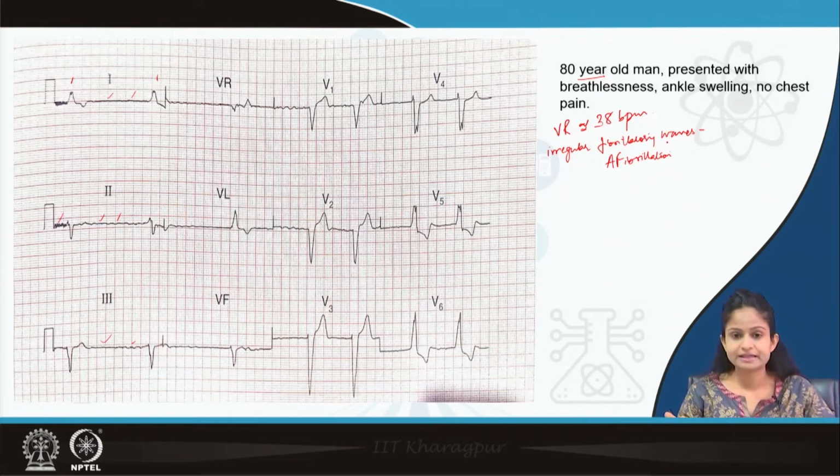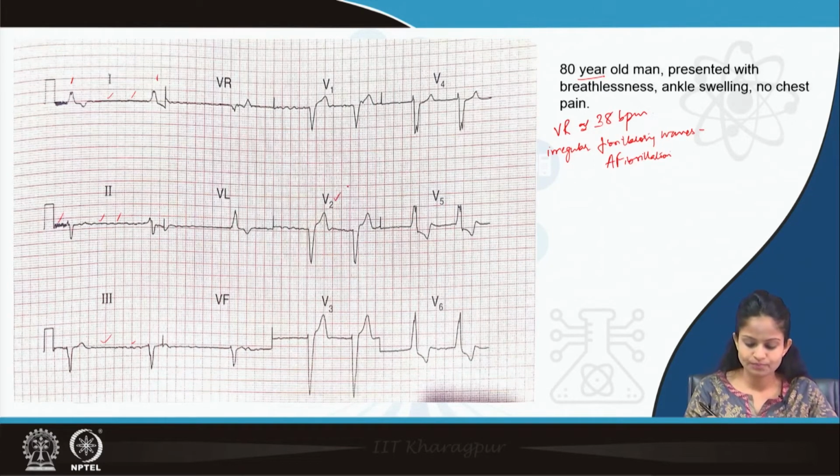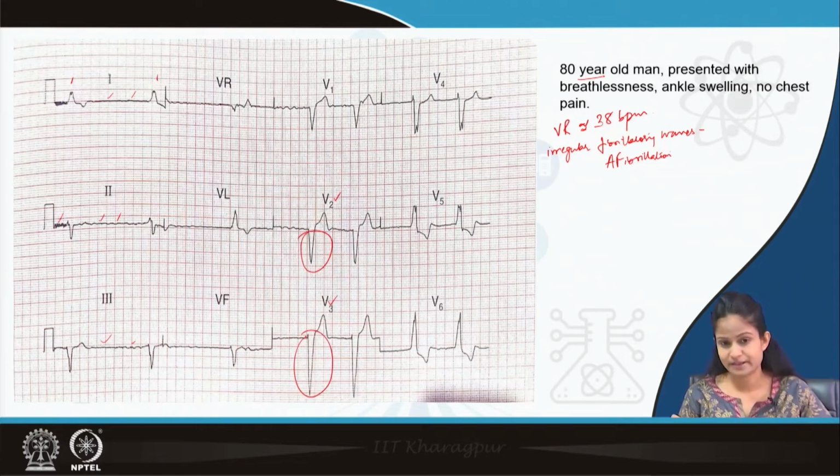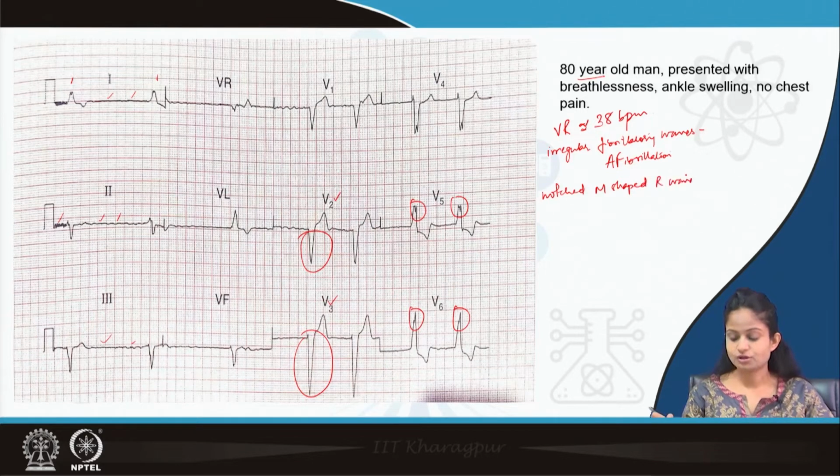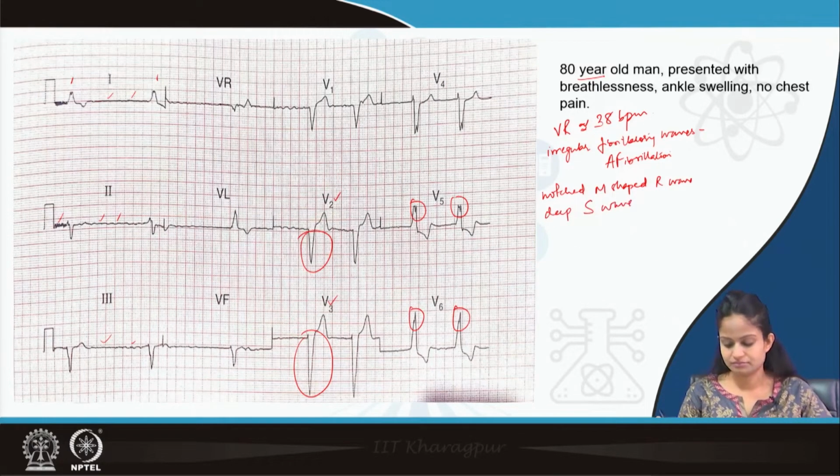Next, in the chest leads V2 and V3 we can see deep, prominent S waves, and in V5 and V6 we can see a notched, M-shaped R wave. This signifies left bundle branch block.